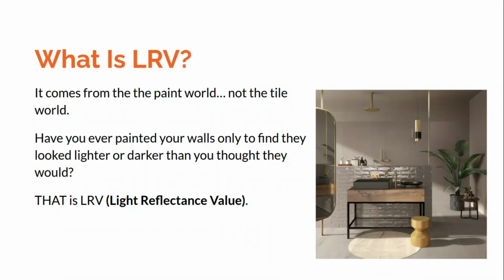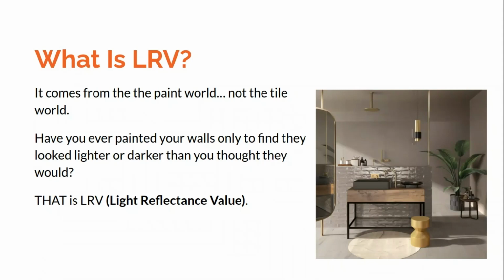The higher the LRV number is, the lighter the color is. The lower the LRV is, the darker the color is. As we get towards very dark colors or even black, really no light is being reflected off of that.